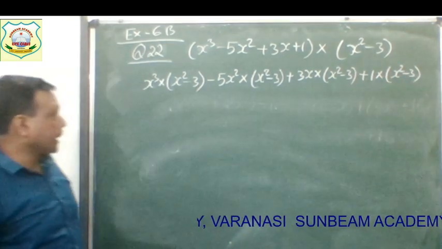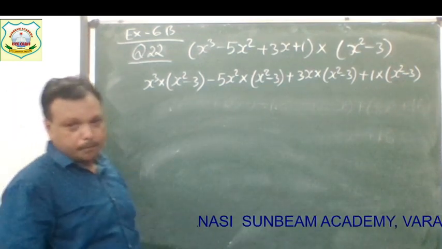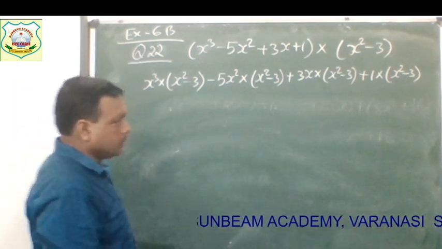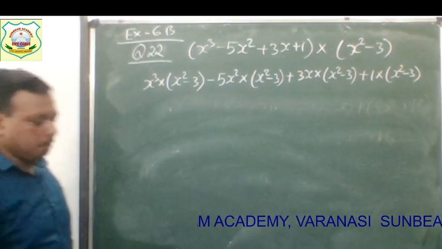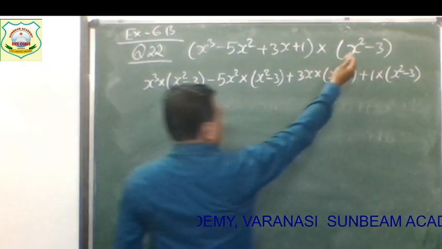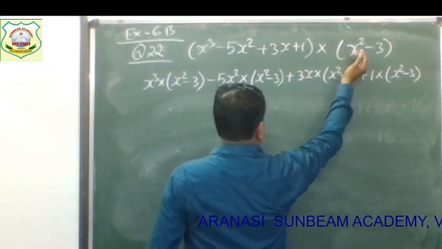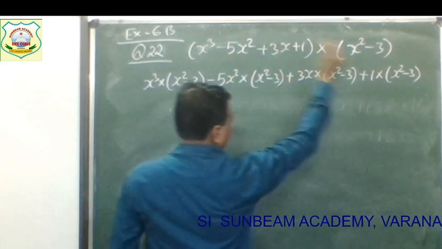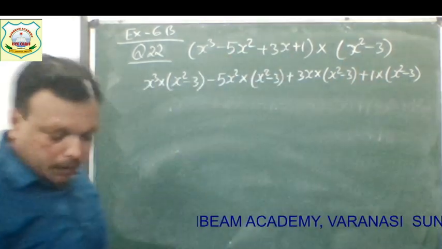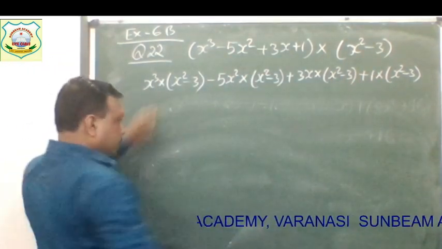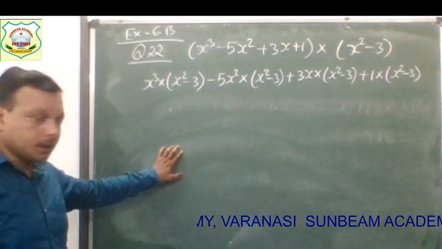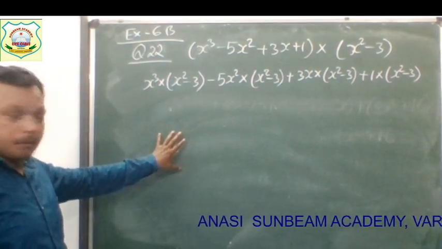Students, here we have taken x square minus 3 four times. The answer will come, but better we will shift it. This place should be here and this place on this side. This way you can do it, no problem, you will get the same answer.